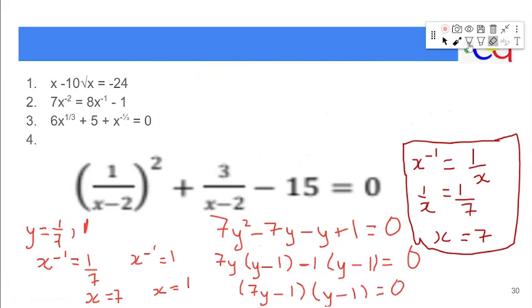So if we have a power that is not -1, let's say we have -8, this is the same thing as this.